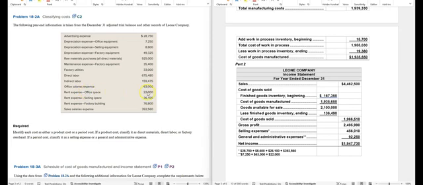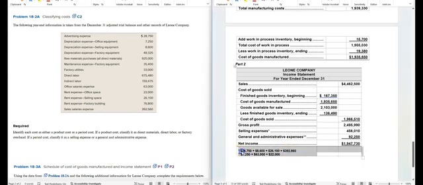Rent expense on the office, also a general and administrative cost. Rent expense on the selling space is a selling cost. Okay, 26.1. And then rent expense on the factory, that is definitely a product cost, already included in our cost of goods sold, and our sales salaries expense. That is a period cost of the selling.